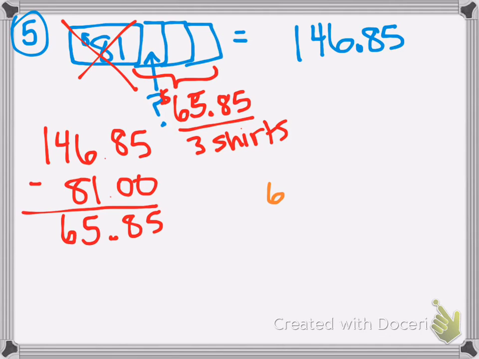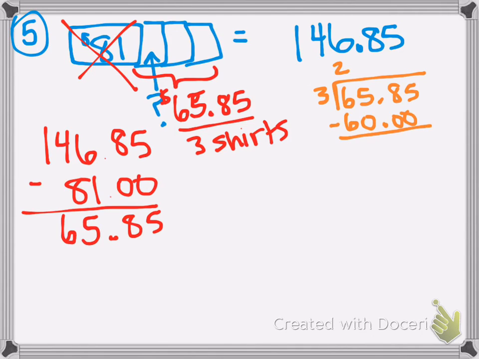So we get 65.85. I'm going to write this in a different location. 65.85 divided by 3. 3 goes into 6 twice. That 2 represents a 20. So 20 times 3 would be 60. Then we subtract. We get 585. 3 goes into 5 once. 1 times 3 is 3.